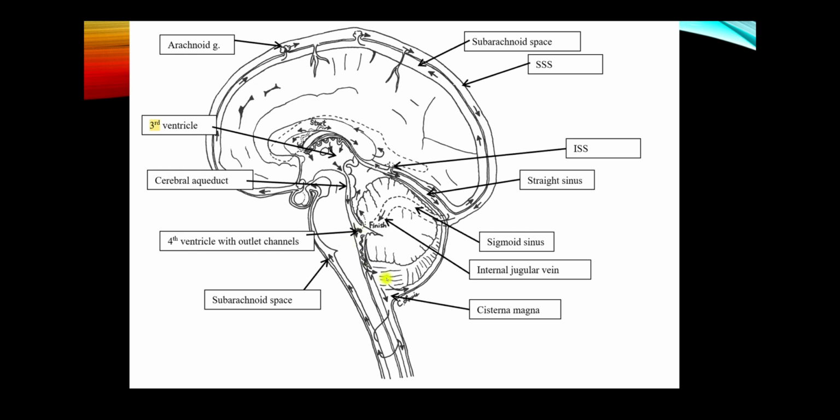Here we can see the foramen of Magendie right here, midline, going out into the cisterna magna. All of this is subarachnoid space going down and all the way back up, coating the entire brain and spinal cord.